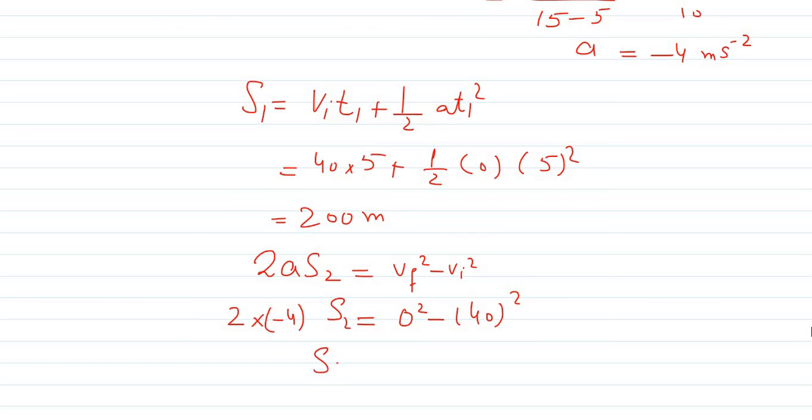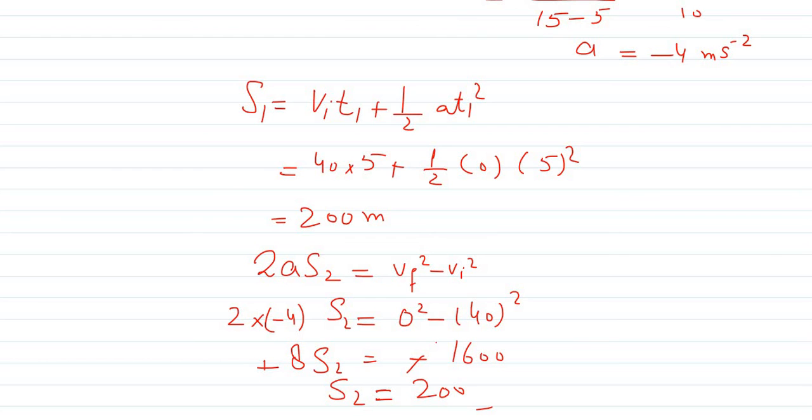Here we get minus 8 s2 equal to minus 1600. This minus cancels out. s2 is equal to 1600 divided by 8, we get 200 meter. But we have to find total distance.